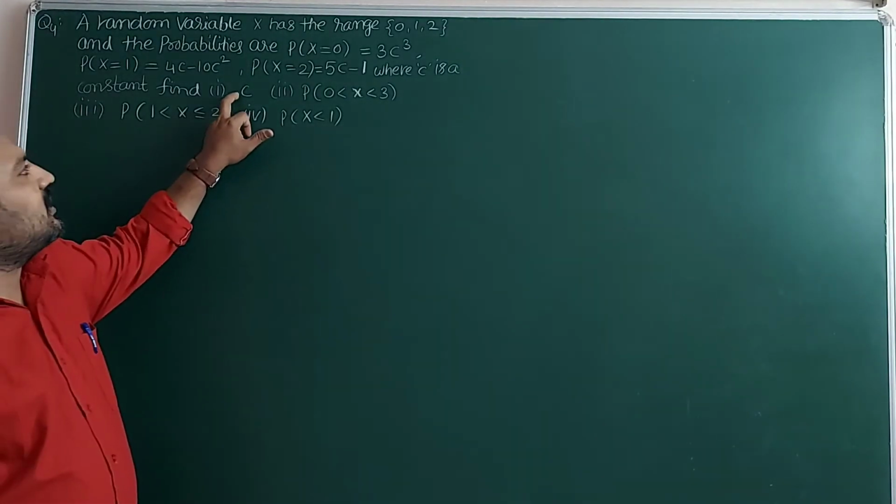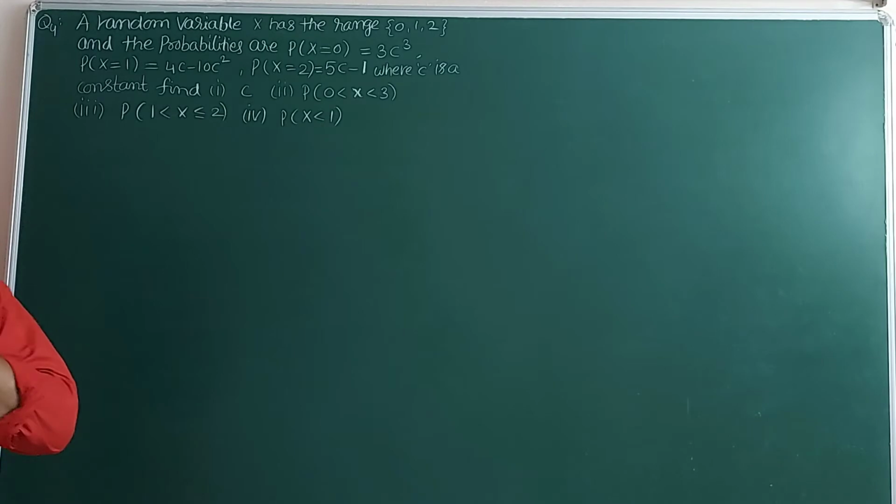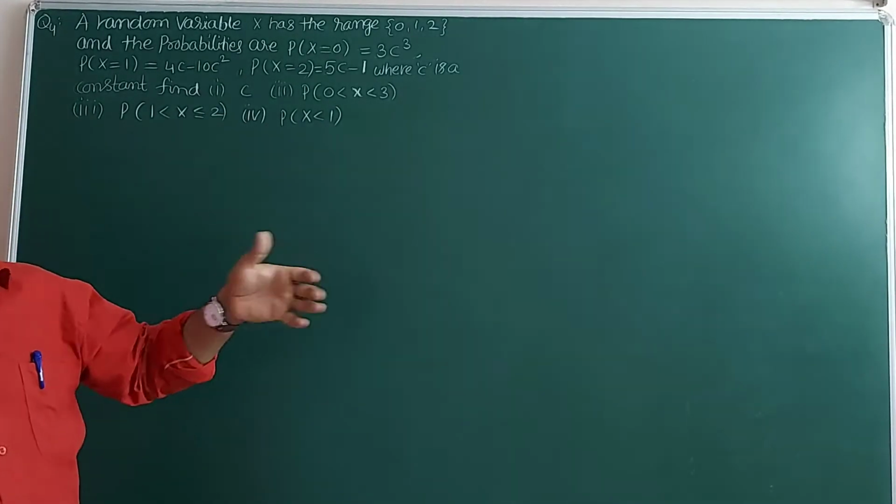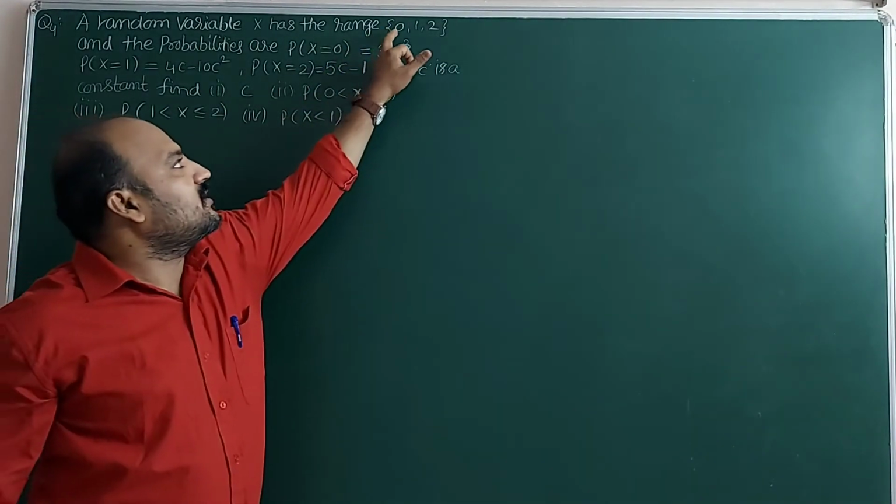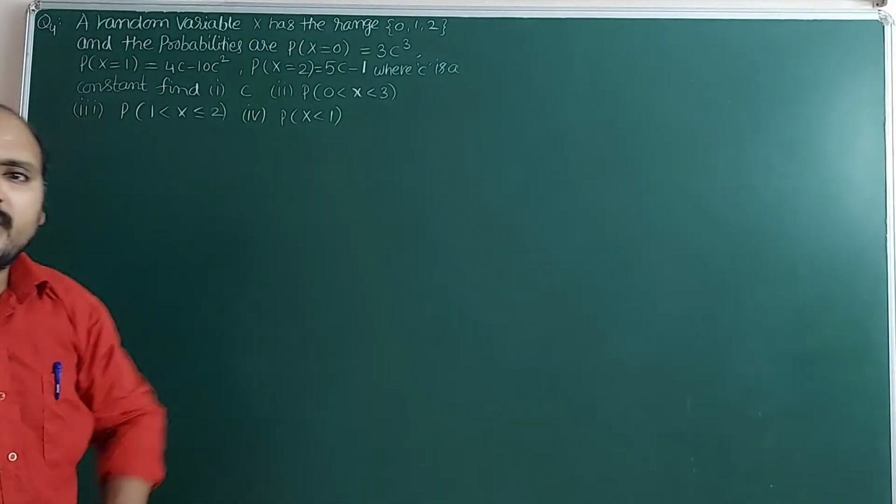First, we need to calculate the value of c by taking the sum of the probabilities is equal to 1. How many variables are there? 0, 1, 2 are there.